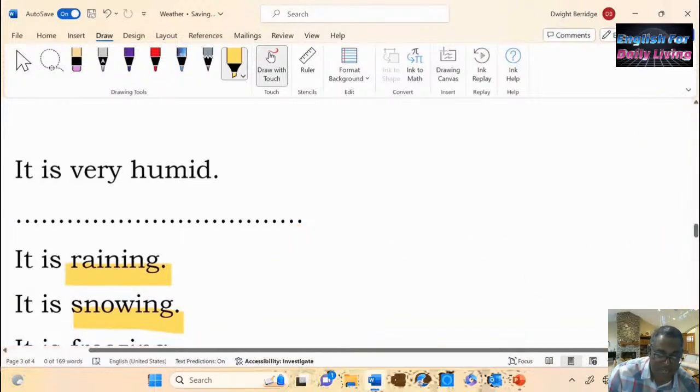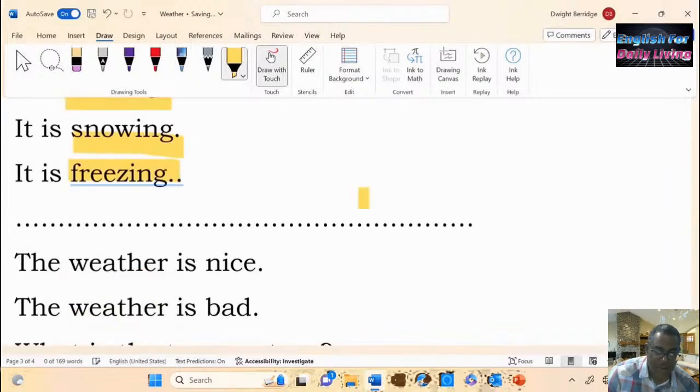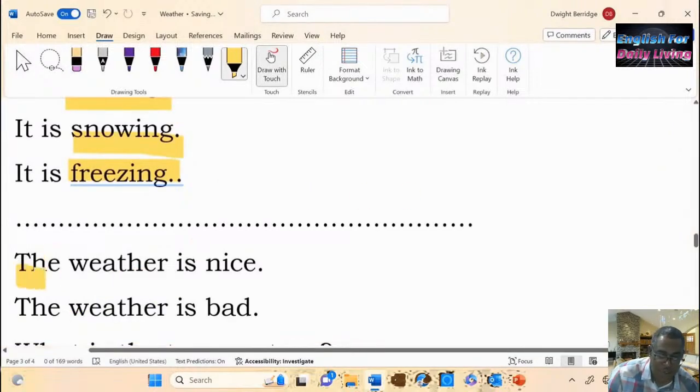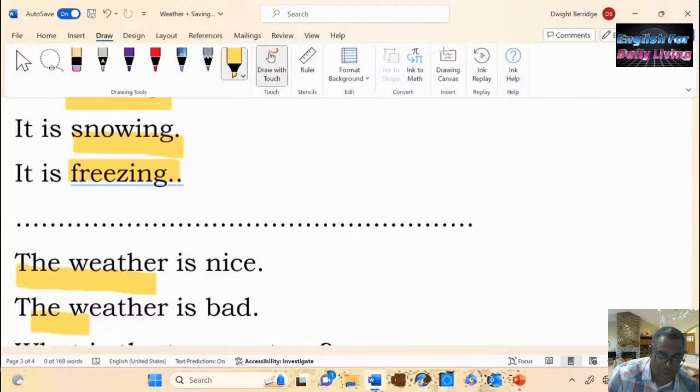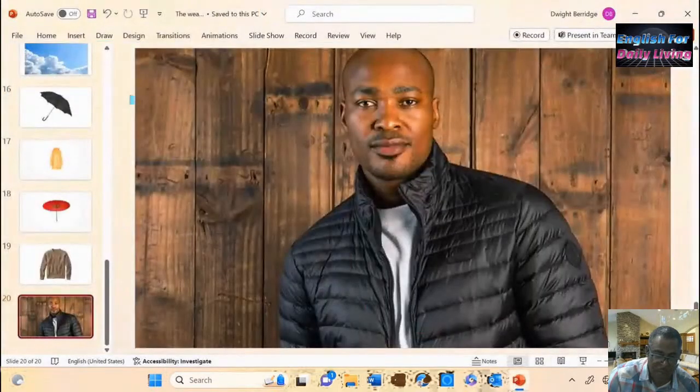It is freezing. These expressions start with the weather. The weather is nice, the weather is bad, the weather is lovely, or it's lovely weather. So if you want to include the noun, the weather, you can also say the weather as opposed to it is.